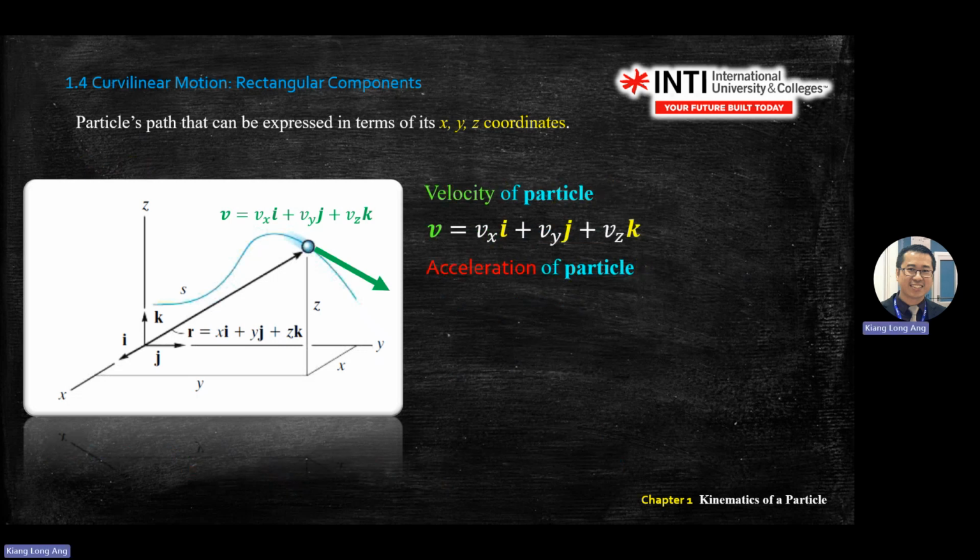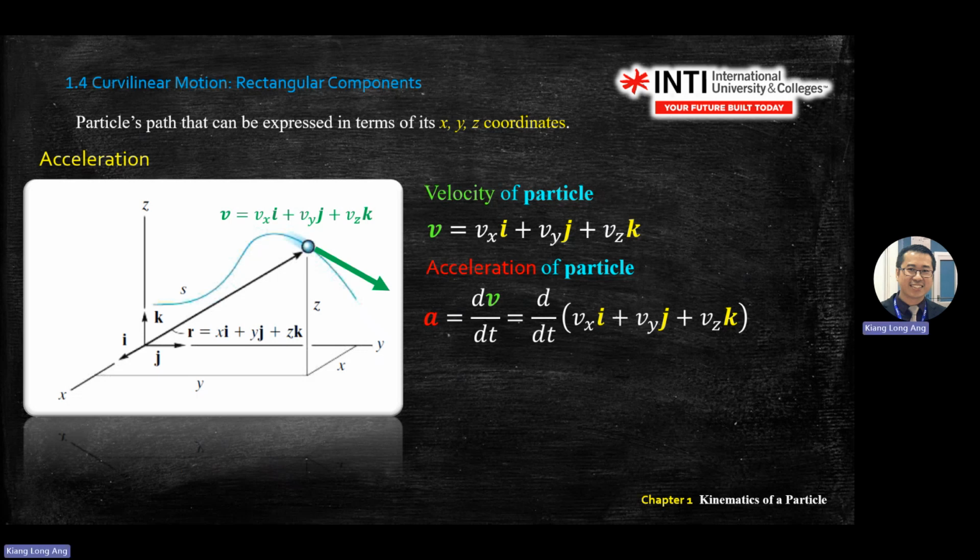What about acceleration? Still remember the direction of acceleration? It points inside the circle of the curve, so always pointing inside. Acceleration derivation is also the same. a equal to dv/dt, but now your v is the one that you saw just now.